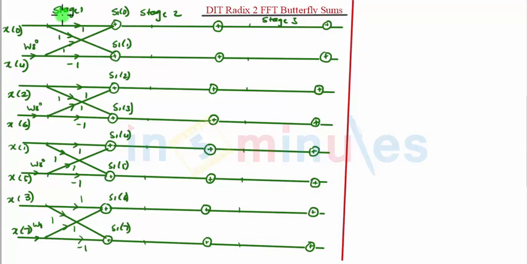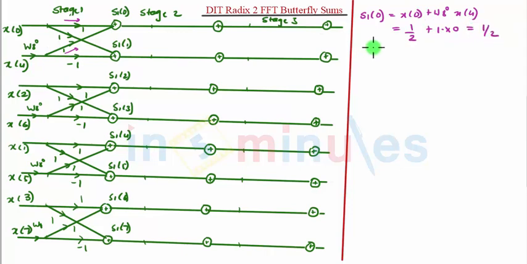S1 of 0 has input from x of 0 and another input from x of 4, being multiplied by W8 raised to 0. So we write the equation as S1 of 0 equals x of 0 plus W8 raised to 0 x of 4. The value of x of 0 is 1/2 and W8 raised to 0 into x of 4 would be 1 into 0. Finally it gives 1/2.